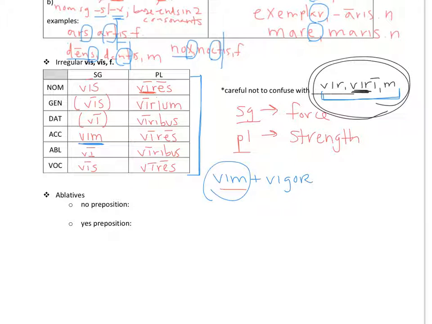So if you're confused about that, just read the bottom of page 115 where Wheelock lists out quite helpfully for you all of the different words that might be a little confusing for you. All right, so that is the end of vis vis.